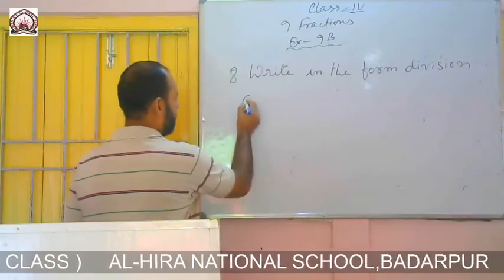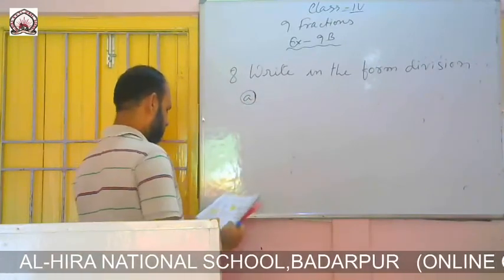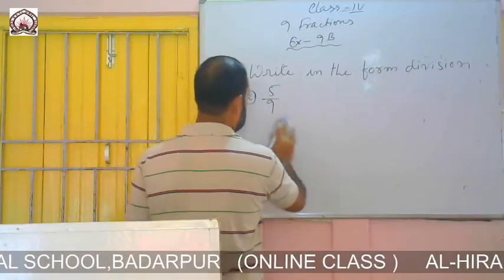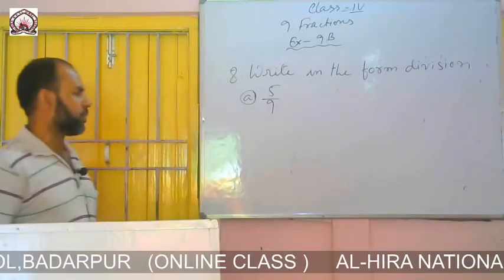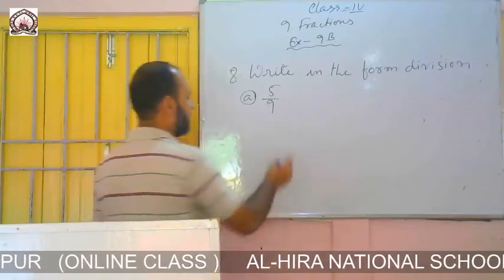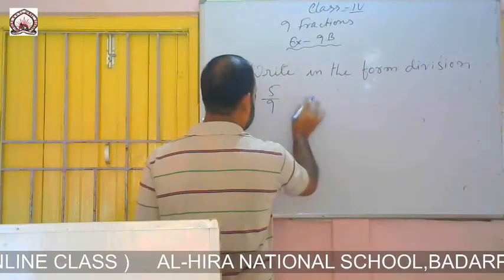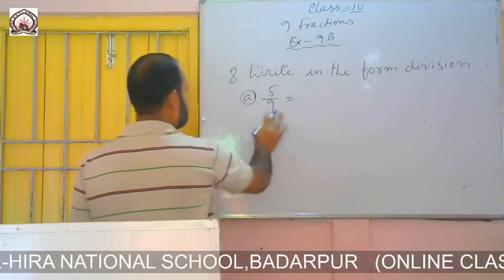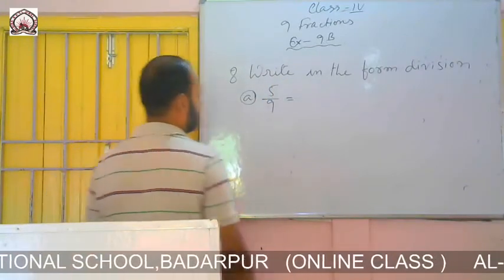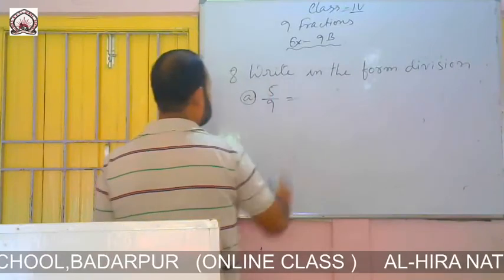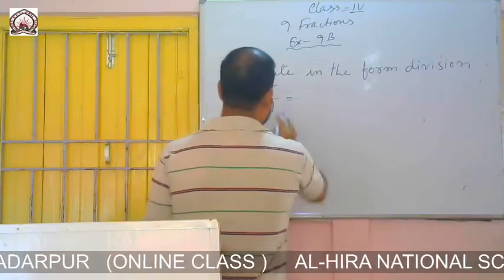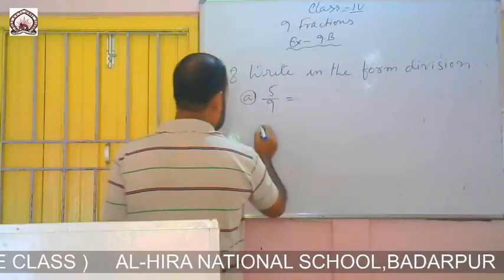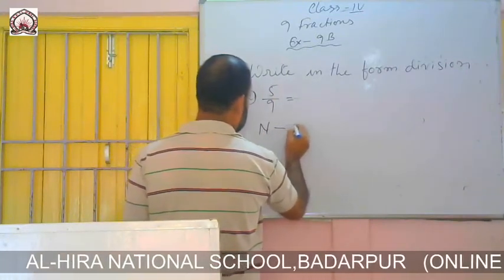Question number A. 5 by 9. So 5 by 9 is a proper fraction, so we write it in the form of division. When we write a fraction in division form, the numerator is divided by the denominator.